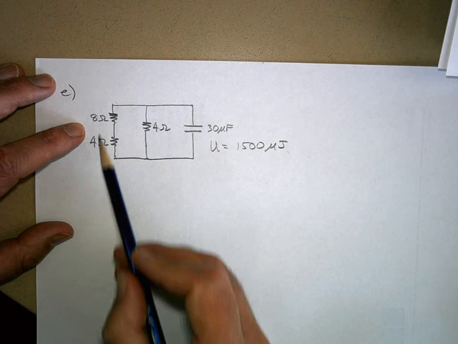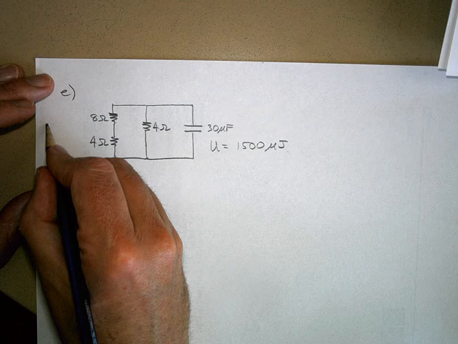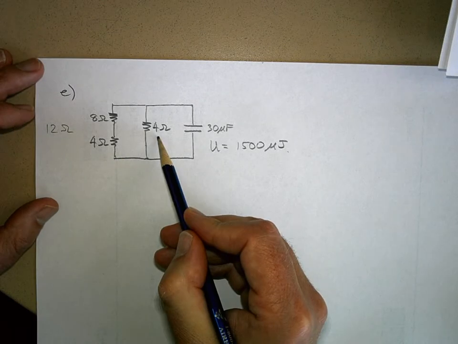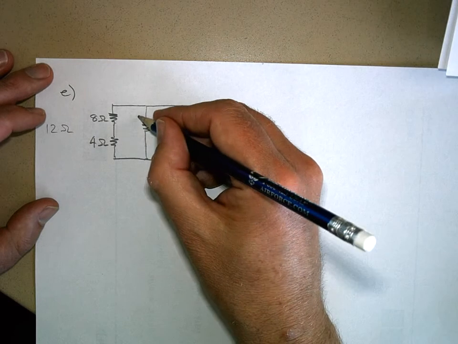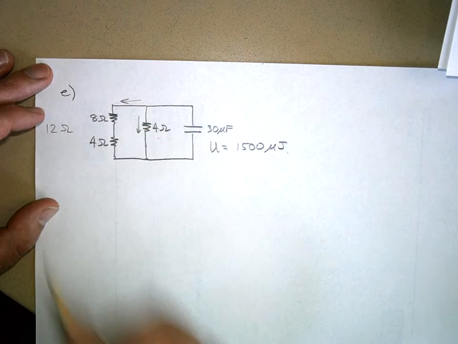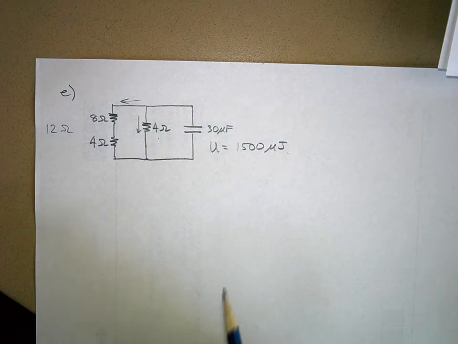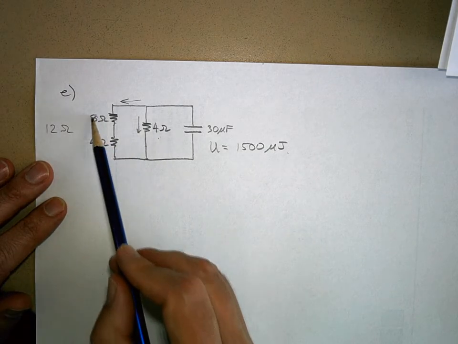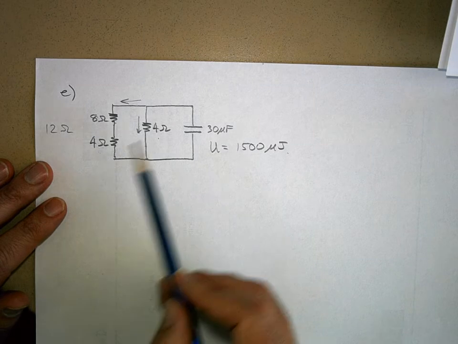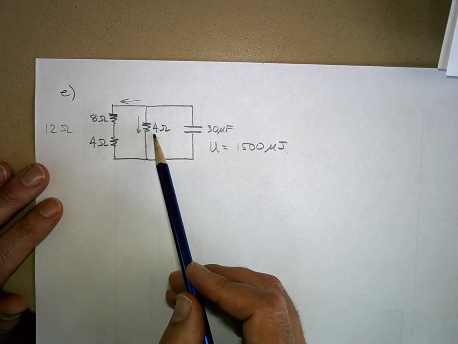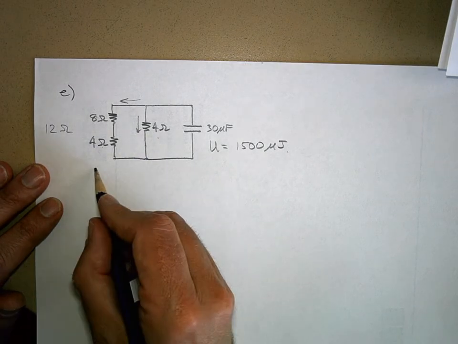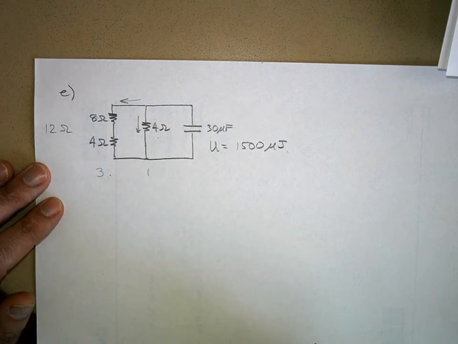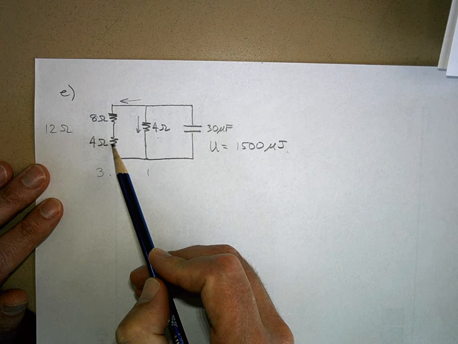Now, this has 12 ohms of resistance total, and this is 4. So how much current is going to go through here as compared to here? Well, it's almost like there's 4 ohm, 4 ohm, 4 ohm, and so basically this is a 3-to-1 ratio, the resistance here compared to the resistance here.